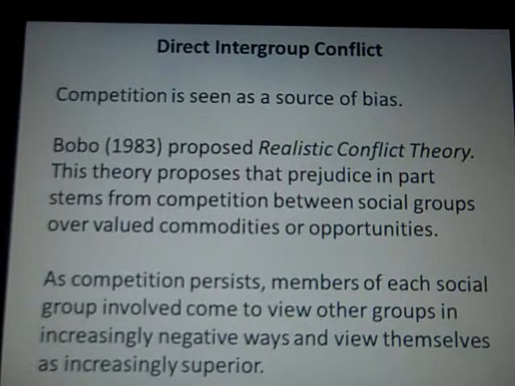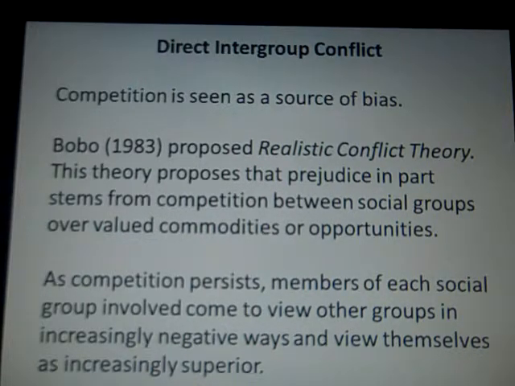And certainly in cities, if you want to break down groups in terms of different races or ethnicities, there is competition between these different groups of people over valued commodities or opportunities, whether it's attention or money or funding for programs or for buildings or for restaurants, whatever the case may be.